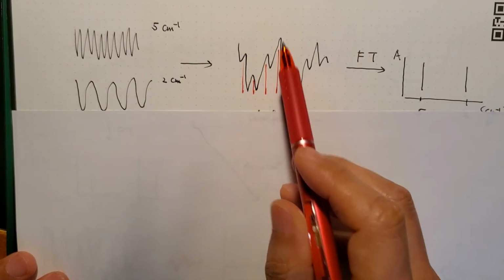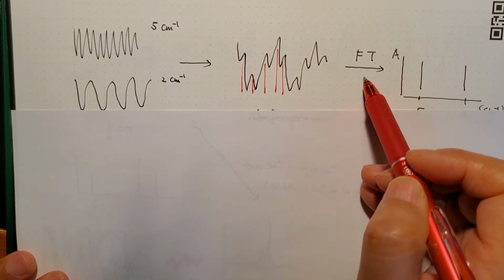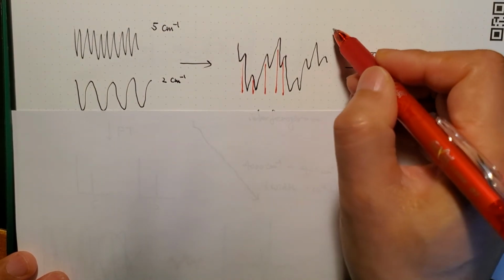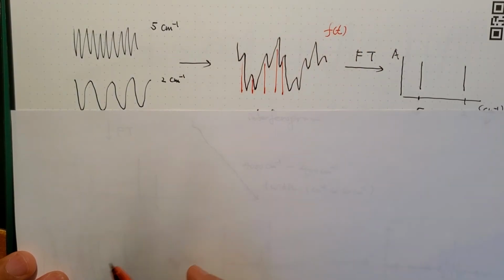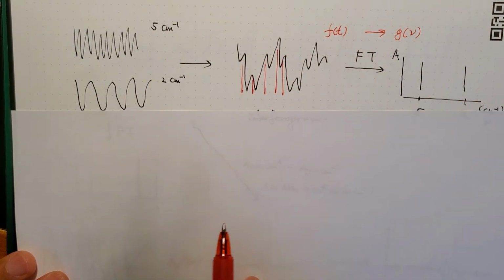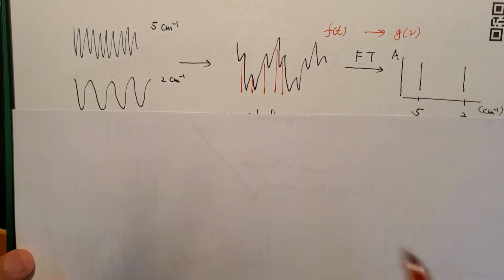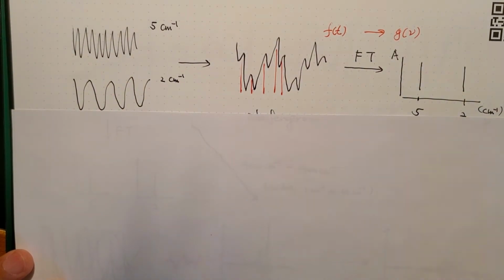Then this wave function will be Fourier transformed from the time domain function to the frequency domain function. Then you get 2 peaks because you had 2 signals.